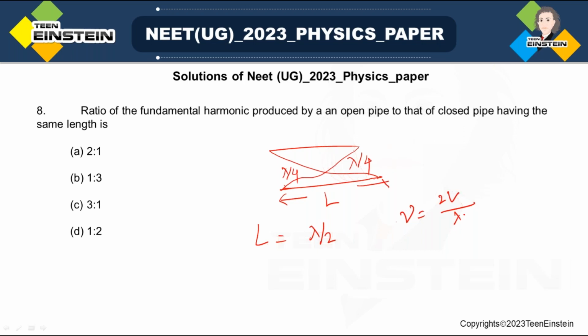So 2v by lambda is the fundamental I'm writing. Or let us write 0th of open.